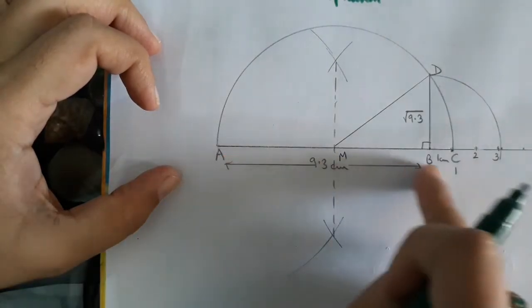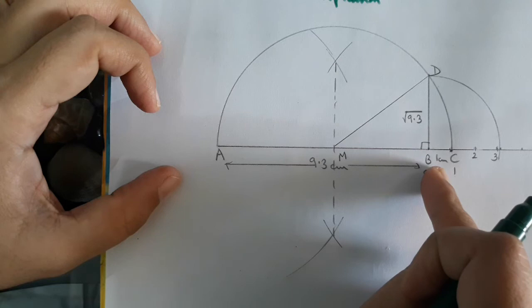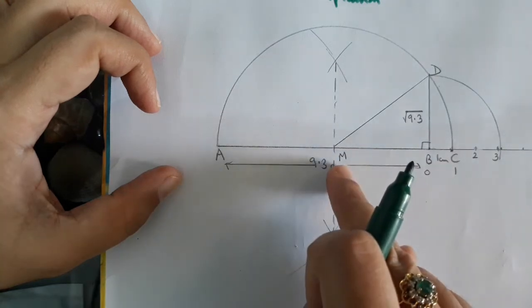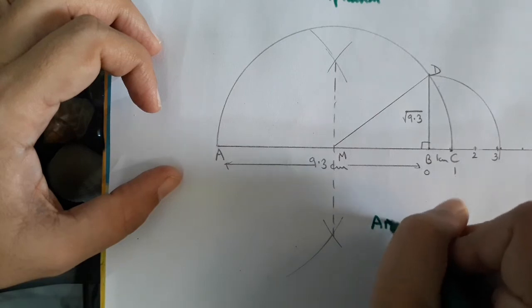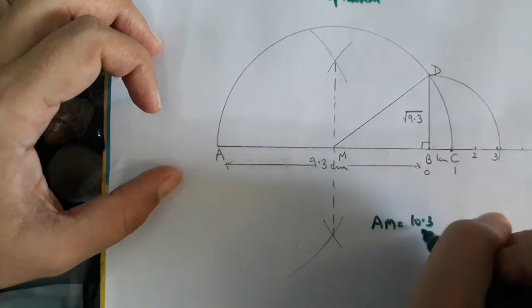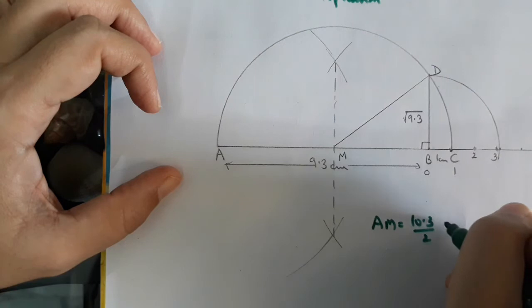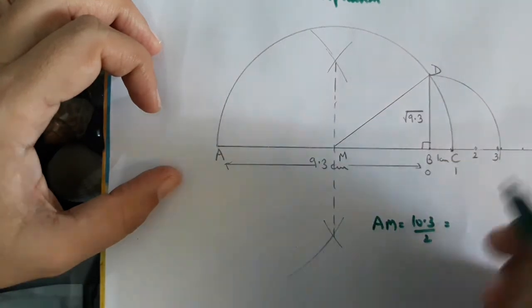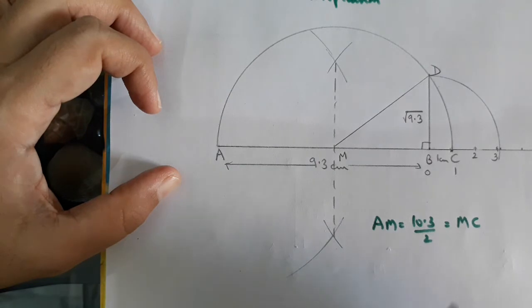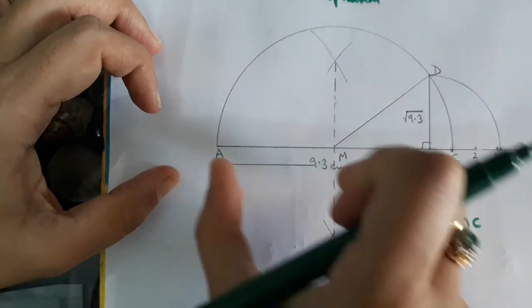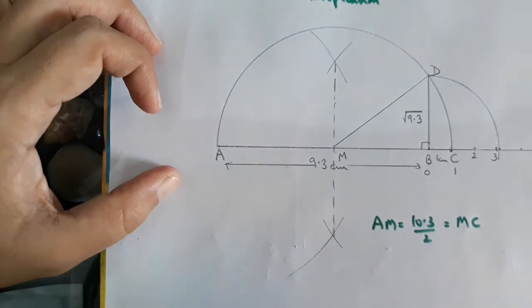Over here, AC is of length 10.3 centimeters and M is the midpoint. So the length AM would be half of it, 10.3 by 2 centimeters, and MC will also be equal to 10.3 by 2 centimeters because M is the midpoint of AC. So AM is equal to MC.